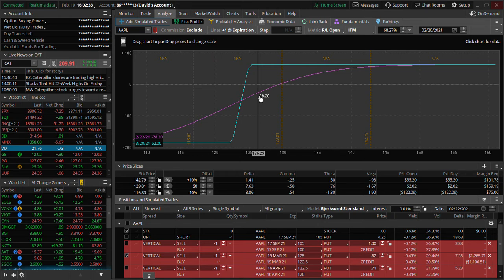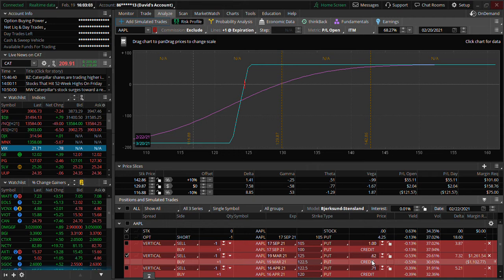So what you have here is a bull put credit spread with Apple trading at about $130, and we're selling this 125 and buying this 122.5 put for a credit of 62 cents. We're just using one contract. So one contract equals 100 shares of stock.